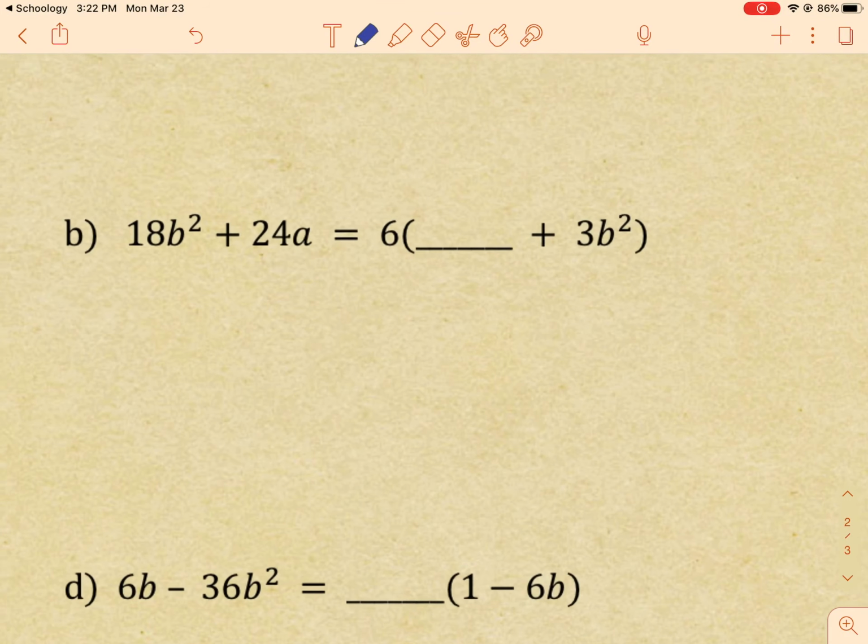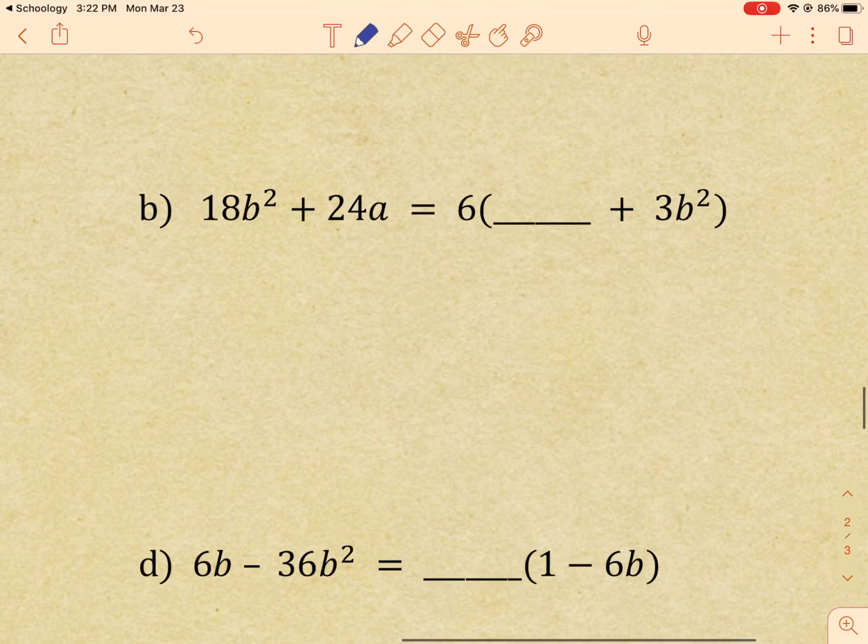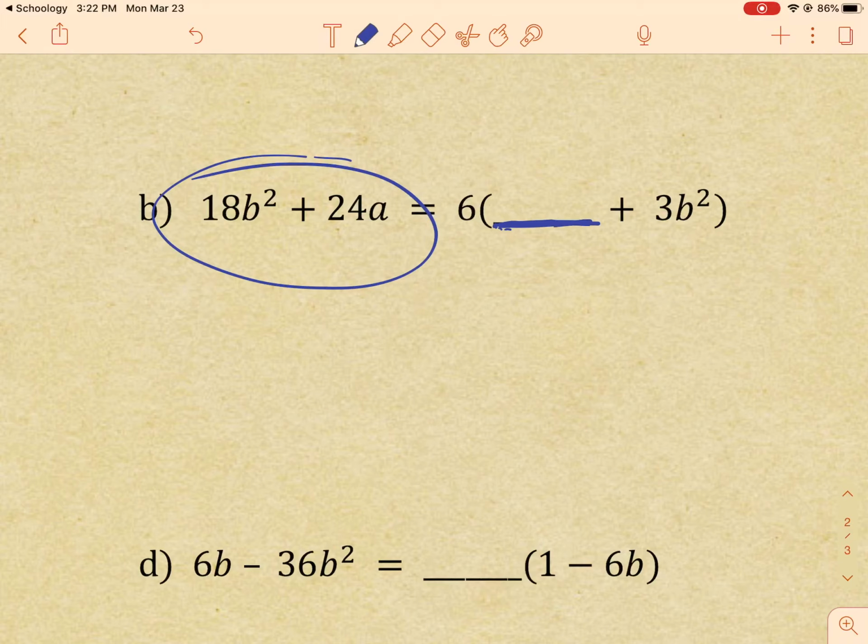So let's look at, say, number 5b. They're saying, what do you have to do to this in order to have it equal to this whole thing? I know this 6 is going to have to be multiplied by that, and then the 6 was being multiplied by that. Well, 6 times 3b squared gave you the 18b squared.